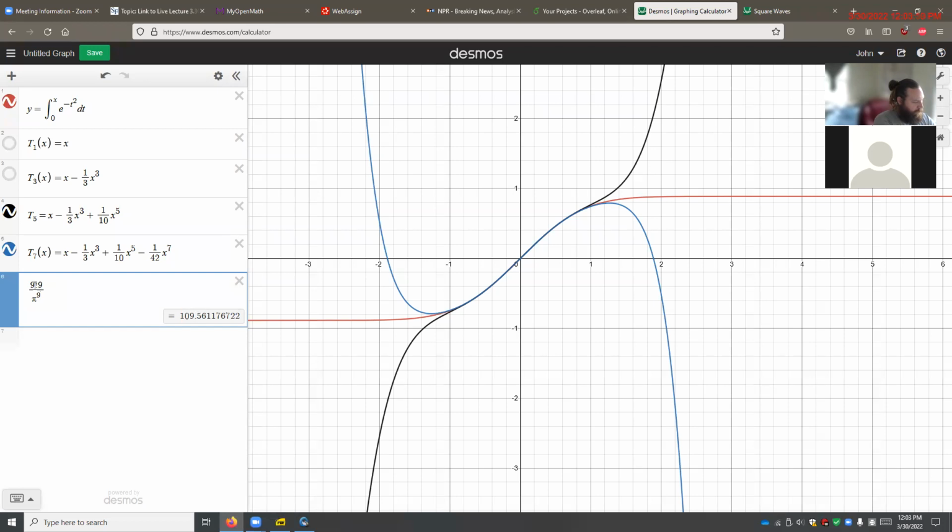I'll stay in Desmos here, but when n is 4, we're going to have 11 factorial times 11 over pi to the 11, which is 1,492.45.